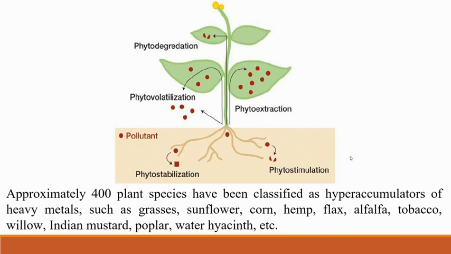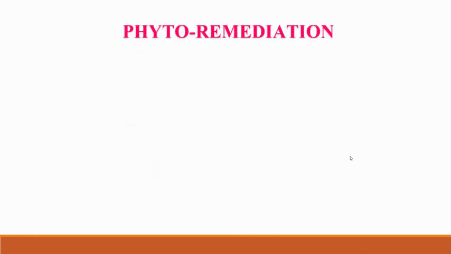Phytovolatilization, where the plants help in converting them into volatile substances. Phytoextraction, where the plant helps to extract these pollutants by absorbing them into the plant. Phytostabilization, where the plant helps to convert the chemical into a more stable and unpolluted form. Now, phytostimulation, where the plant helps to produce substances that can stimulate the growth of plants.